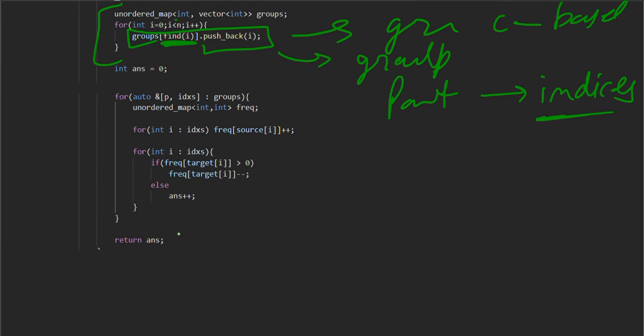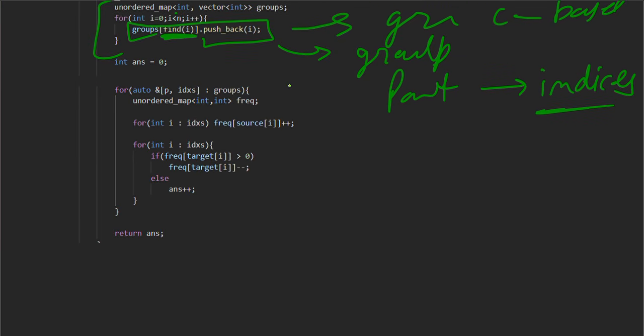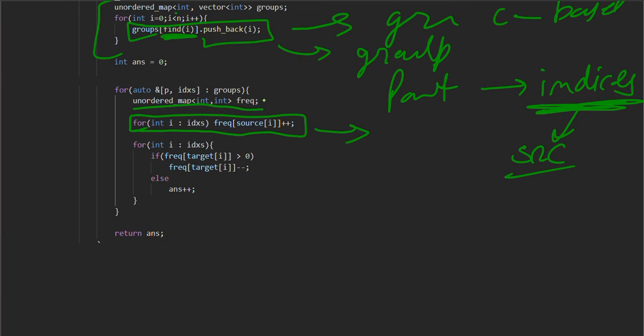After that we process each group. We take each group and form the frequency map of all the elements that are present on these indexes in the source array. So I'll repeat again: we process each group and take all the elements present on these indexes in the group, and taking those elements from the source array we make a frequency map.